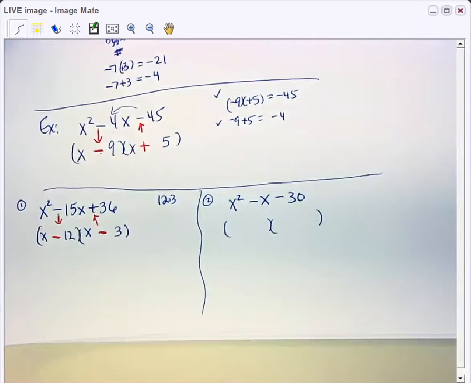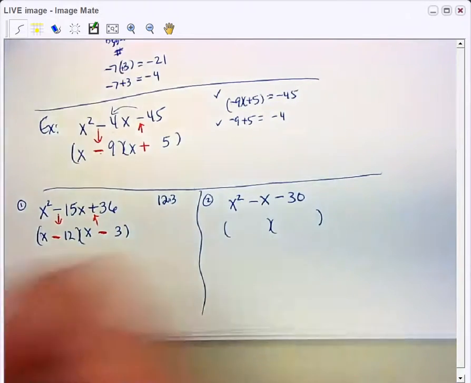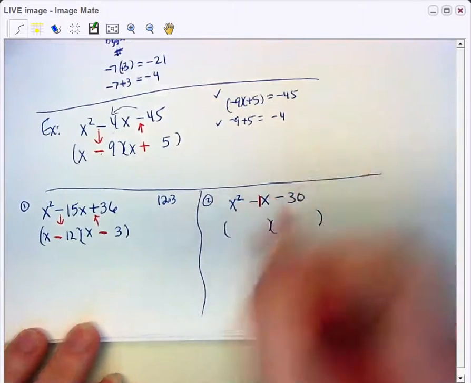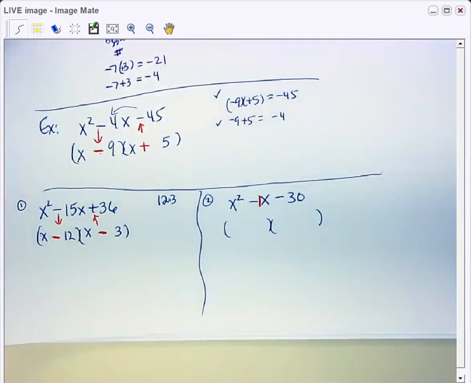A lot of people put it in the chat box, but just to say it out loud, it's a 1. In this case, it's a -1. So go ahead and do this problem, and put your answer in the chat box. Okay. Andrew's got it.